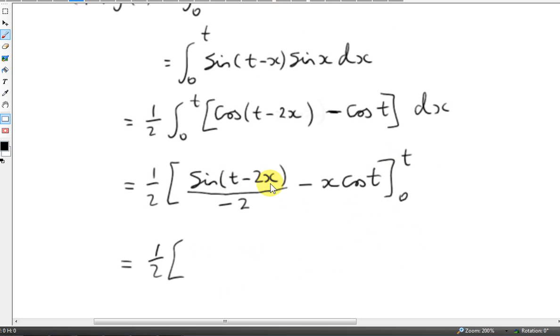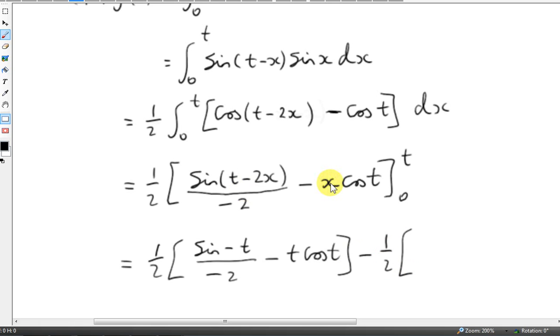Next we plug the upper limit t in for x, so we get sine of t minus 2t, that's sine of minus t. And we plug t in for x here. Then we minus a half times this thing with 0 in for x. So we get sine of t divided by minus 2. And we put 0 in here, we get 0 of course, so we just have this.